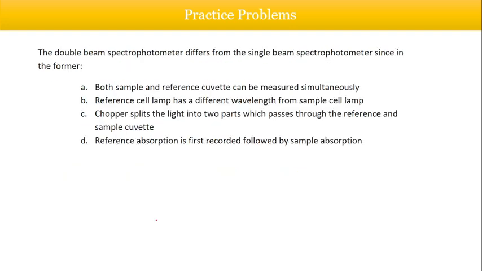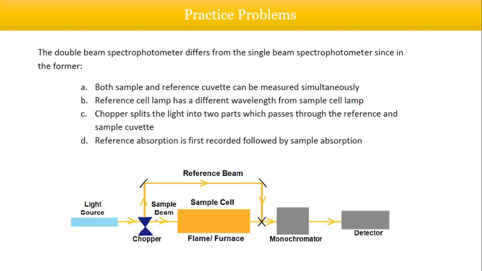Now the next question says the double beam spectrophotometer differs from a single beam spectrophotometer since the former. Before I tell the answer, let's see the diagram. The light source moves to the chopper, and there is a reference beam.